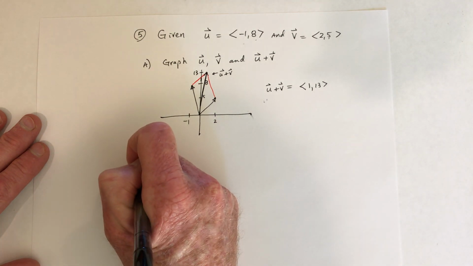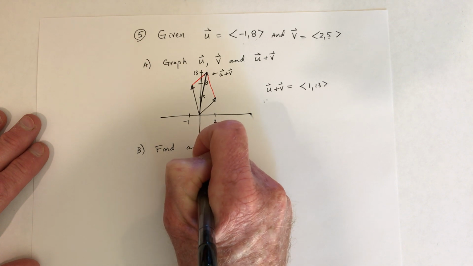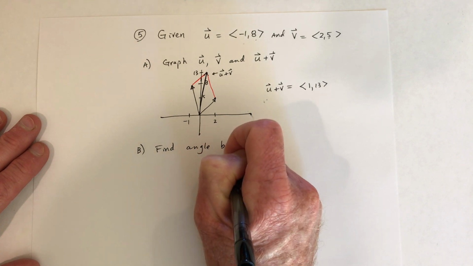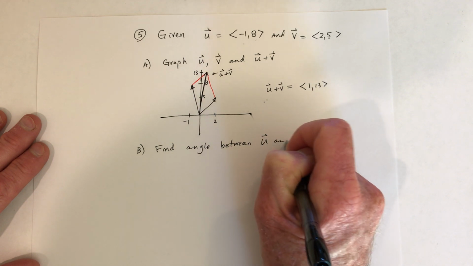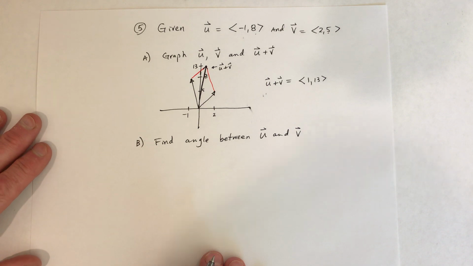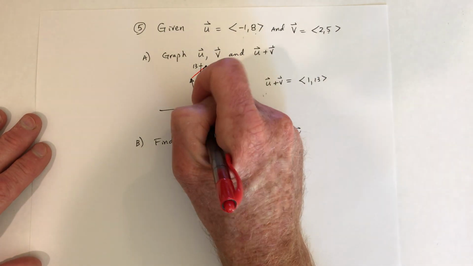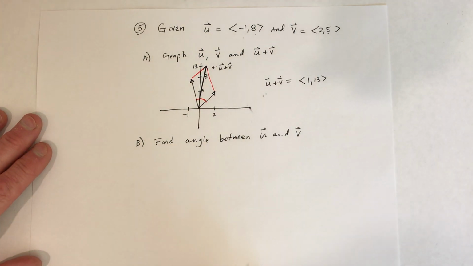Then for part B, find the angle between them. So in other words, before I drew the diagonal, this angle right here, how much is that angle?